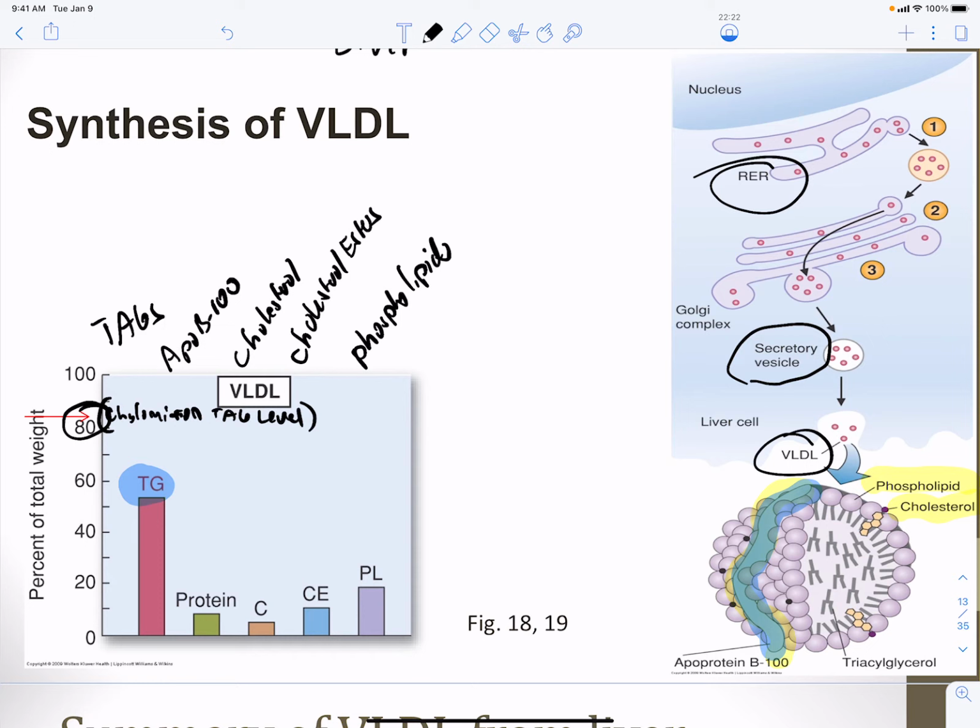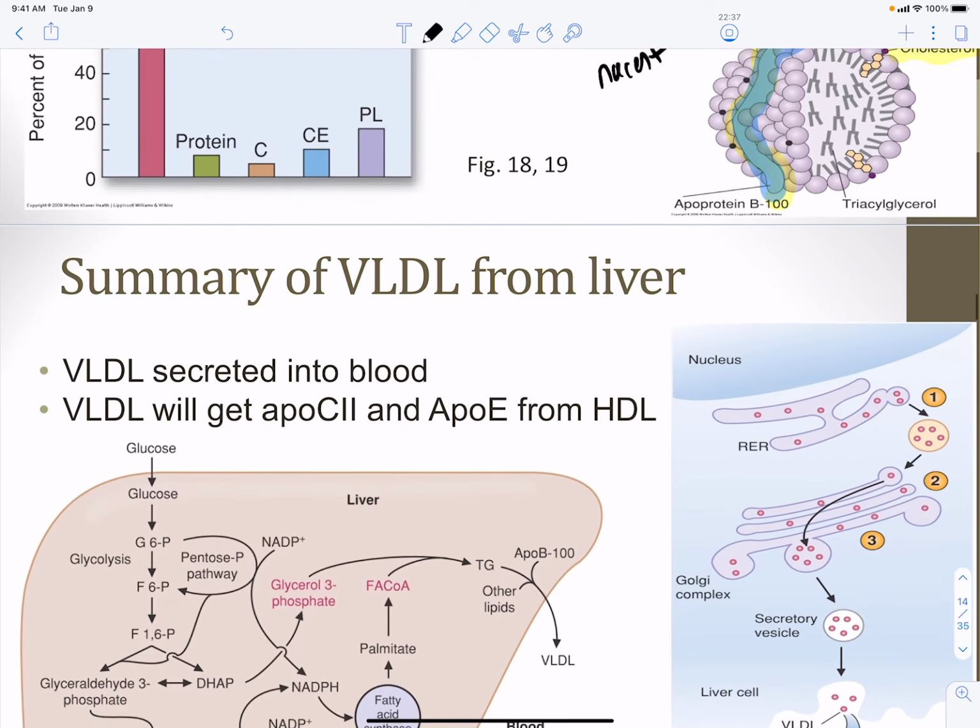Very low density lipoproteins are nascent, similar to chylomicrons. So they're going to need to interact with a high density lipoprotein the same way the chylomicrons did and get the proteins C2 and E from the high density lipoproteins.